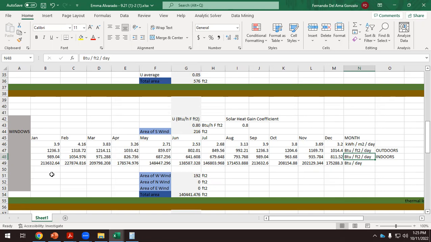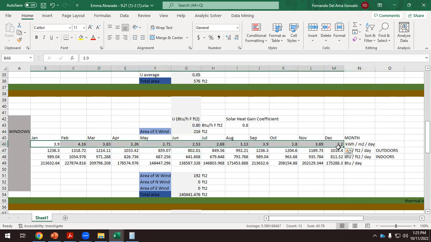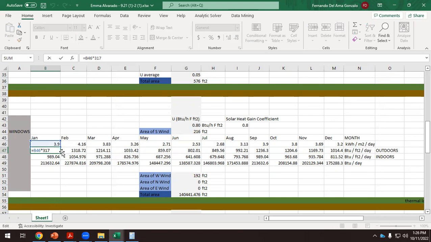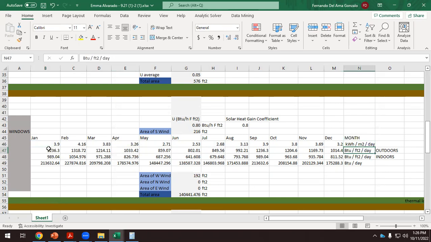Okay. So I'm going to do it again. I'm going to explain it again. These values, I get these values from the PV watts. So just have to type these values. It's only 12. It's not a big deal. Then I have to convert units. Here I'm converting units from kilowatt hours to BTU.